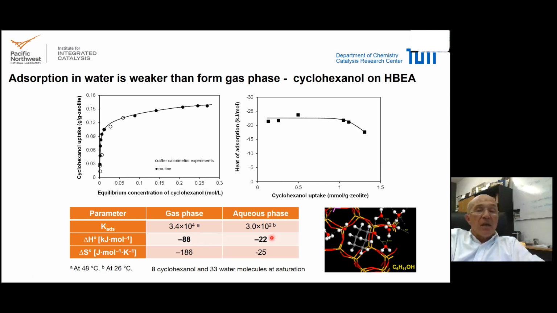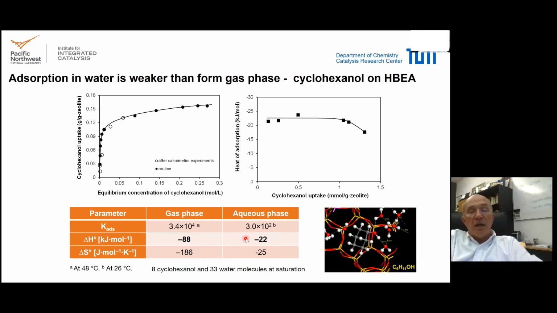And while in aqueous phase, that enthalpy drops to 22 kilojoules per mole. Commensurately, the entropy is negative by 186 joule per mole Kelvin and increases to minus 25 joule per mole Kelvin. So overall, that interaction is much weaker.